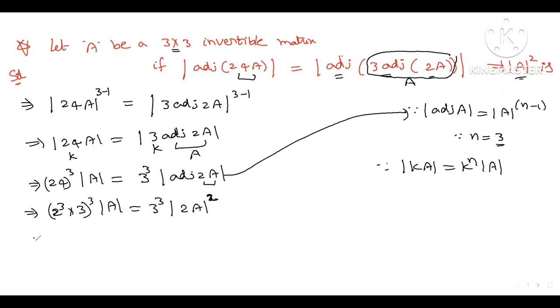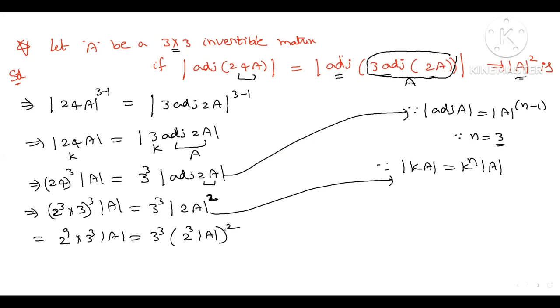Okay, here (2 cube) cubed gives 2 to the power 9, into 3 cube into det of A, is equal to 3 cube into, again we apply the formula det of kA, k to the power n into det A. Here what is k? 2. What is n? 3. So 2 to the power 3 into (det A) whole square.